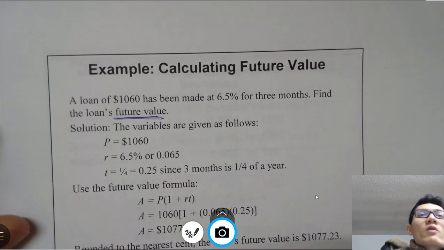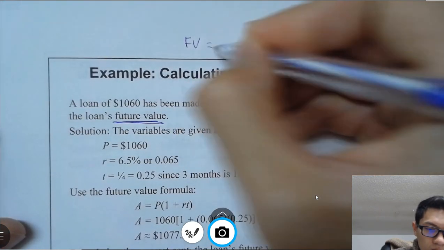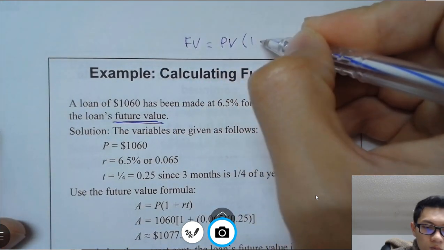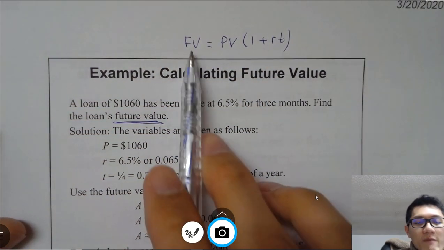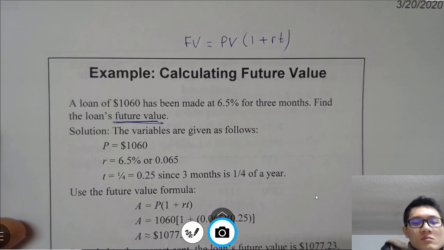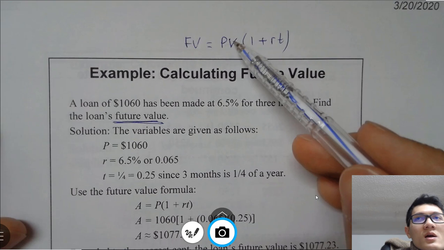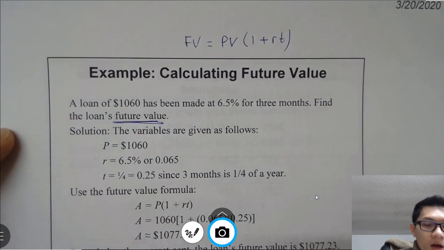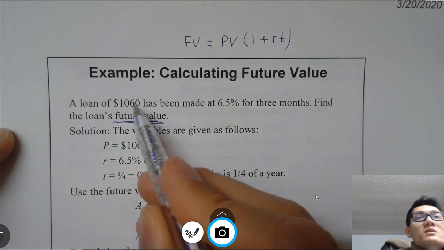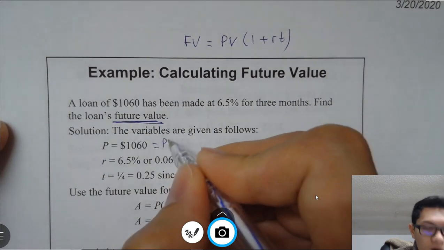Remember, future value equals present value times 1 plus RT. So you are looking to find FV. PV, present value: what is that? The present value is the value that you borrow now, or the loan you have now, which is $1,060.